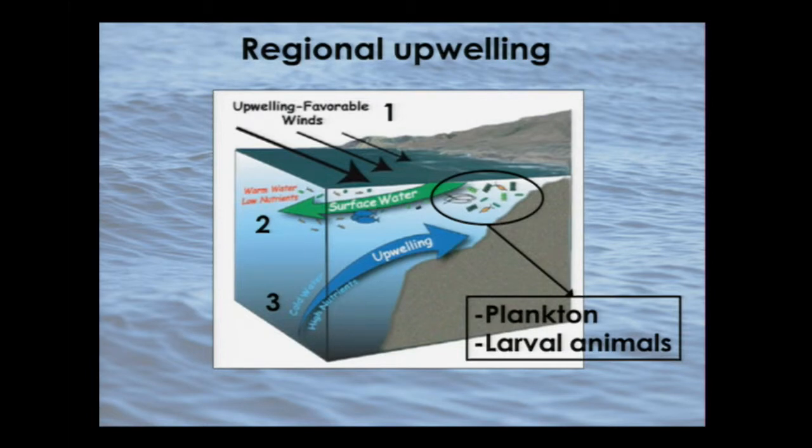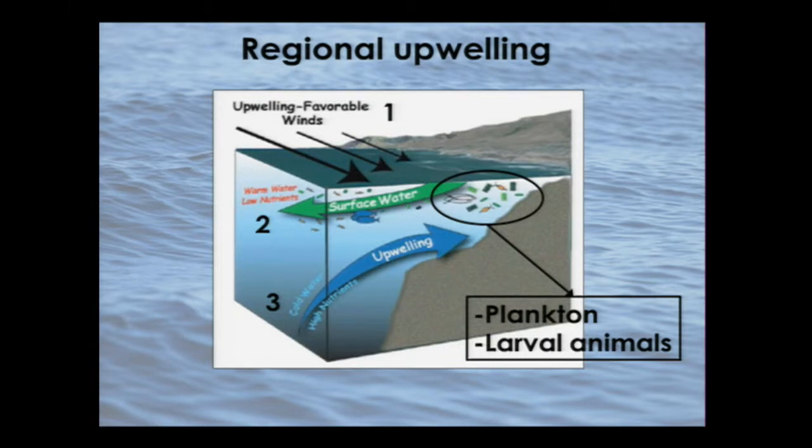And this is important in regional upwelling. I'm sorry for the fuzziness of this diagram, but it was the best one I had. We've got plankton and larval animals. What happens in regional upwelling is that the winds blow toward the equator. So on the west coast of North America, they blow from the north, along the shore.